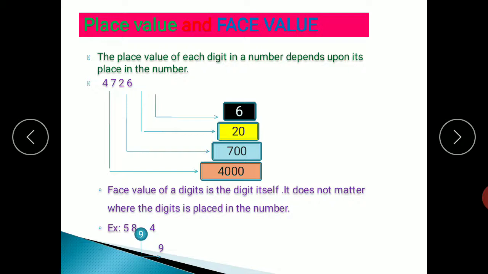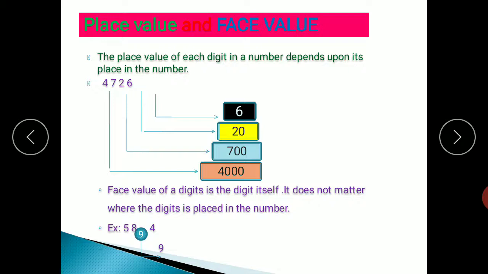The face value of a digit is the digit itself; it does not matter where the digit is placed in a number. In short we say the number itself is the face value of that particular number.